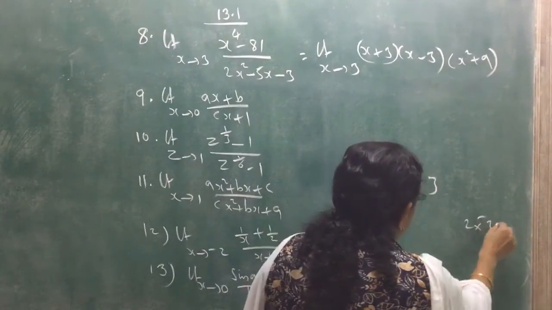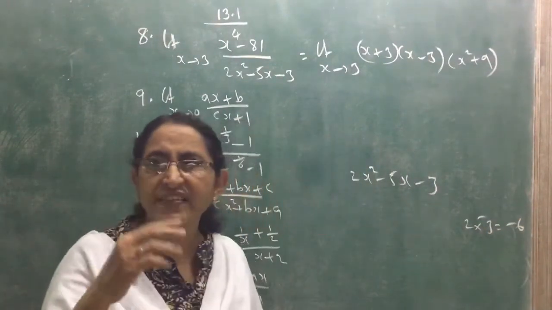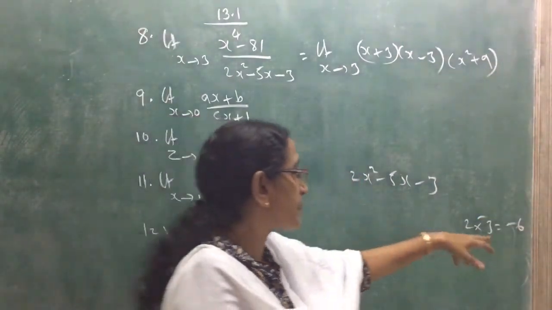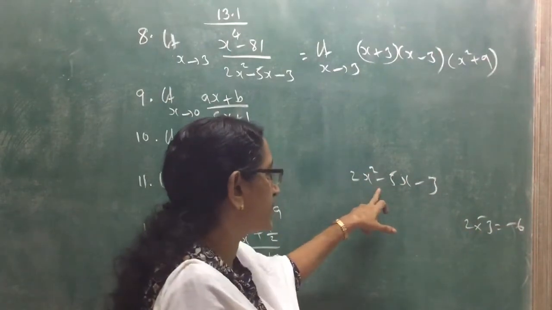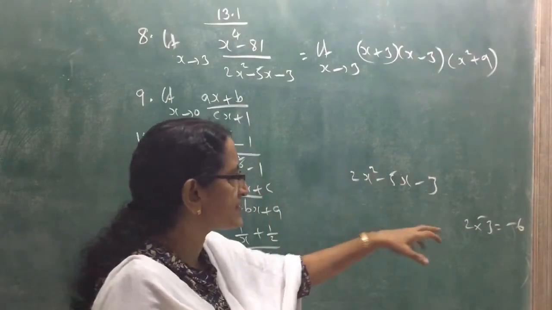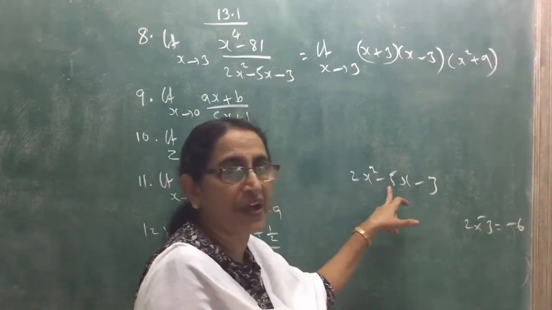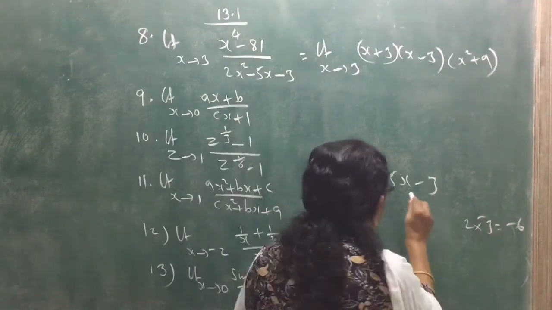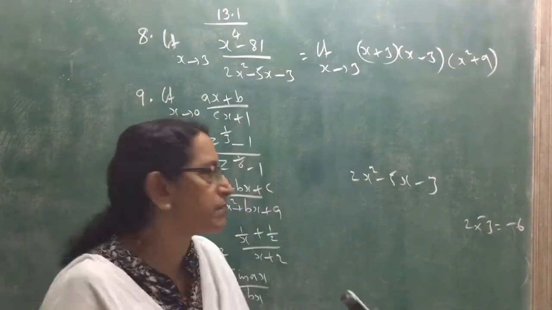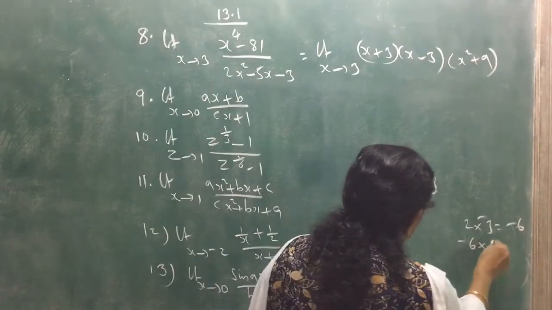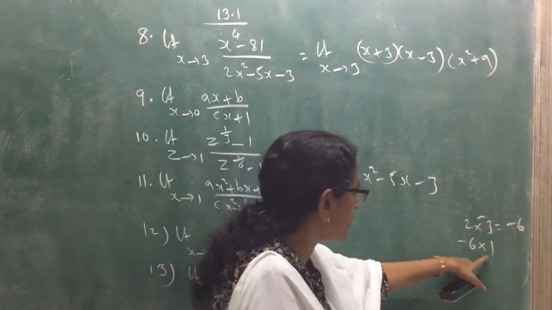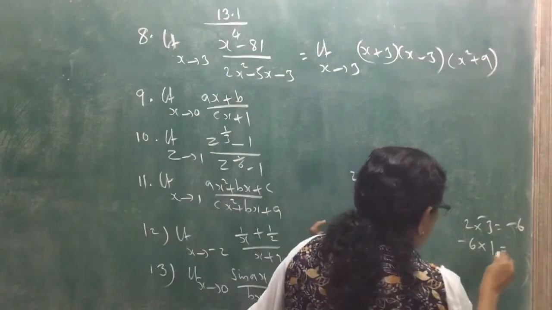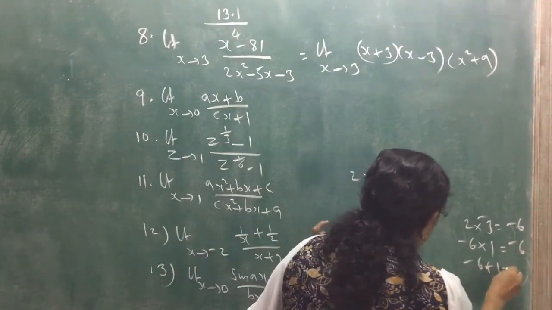Find the two numbers such that their product is negative 6 and sum is negative 5. We can write negative 6 into positive 1, that is negative 6, and negative 6 plus 1 is negative 5.